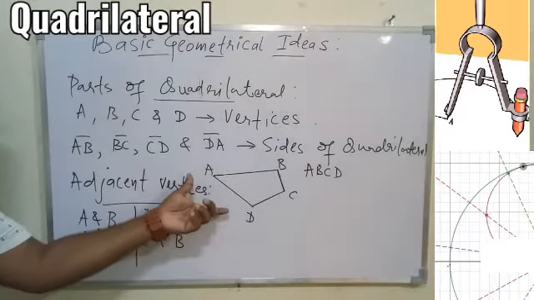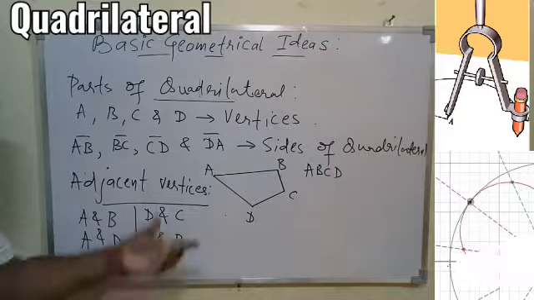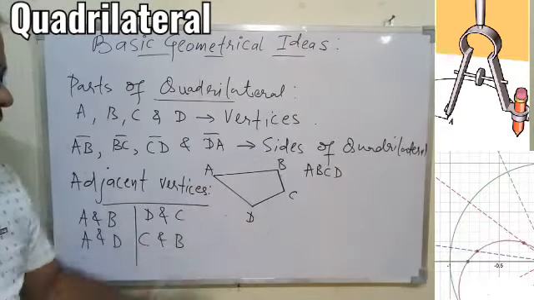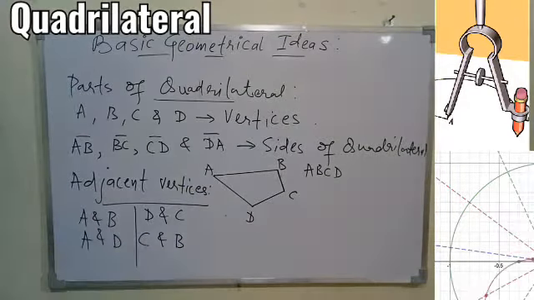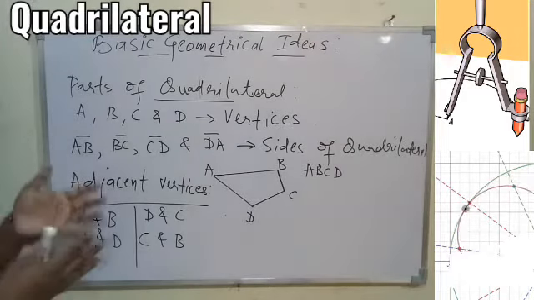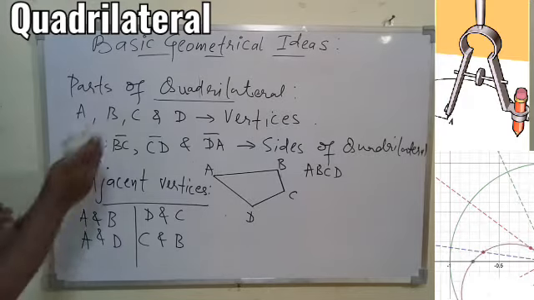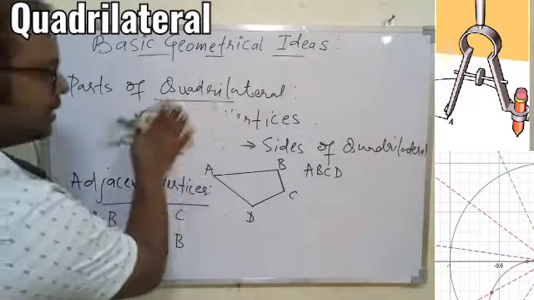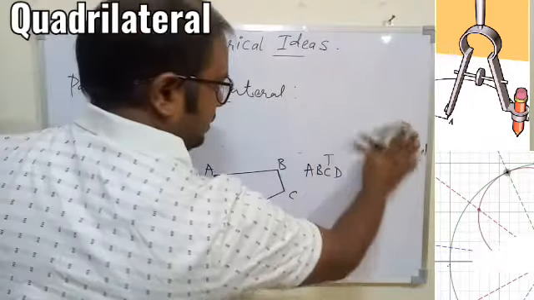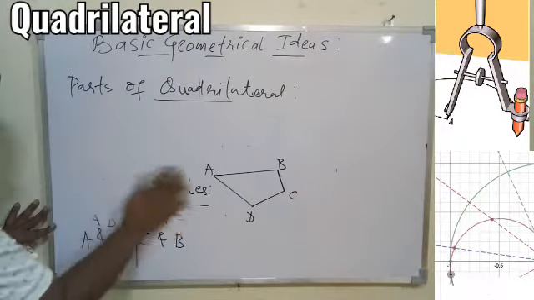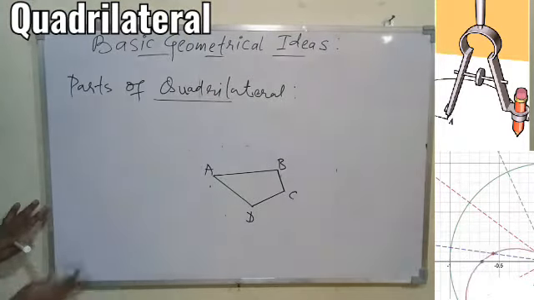AB are next to each other, A and D are next to each other, C and D, and B and C. So these are the 4 pairs we have, which are nothing but your adjacent vertices. I hope this much is clear to you. So we can say our quadrilateral has 4 sides and 4 vertices, and then adjacent we know.